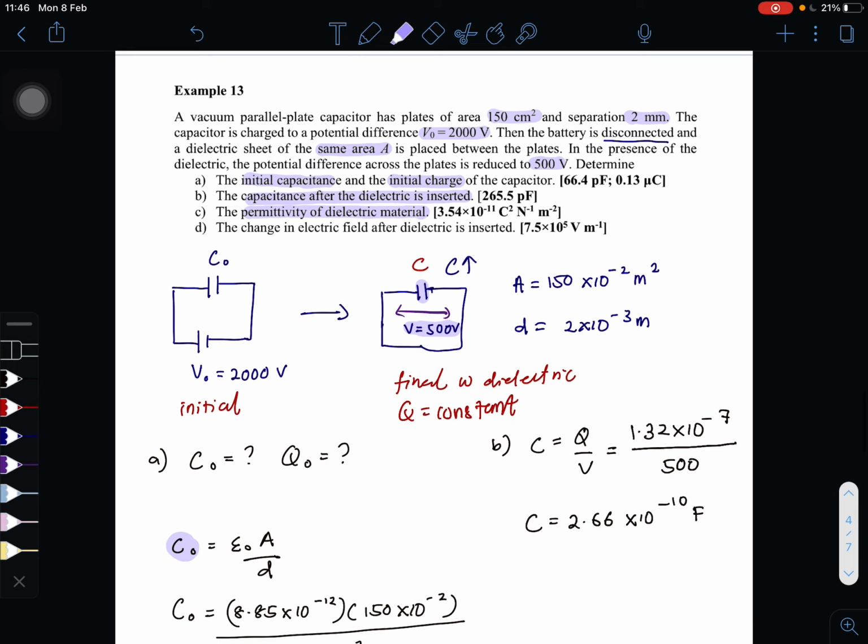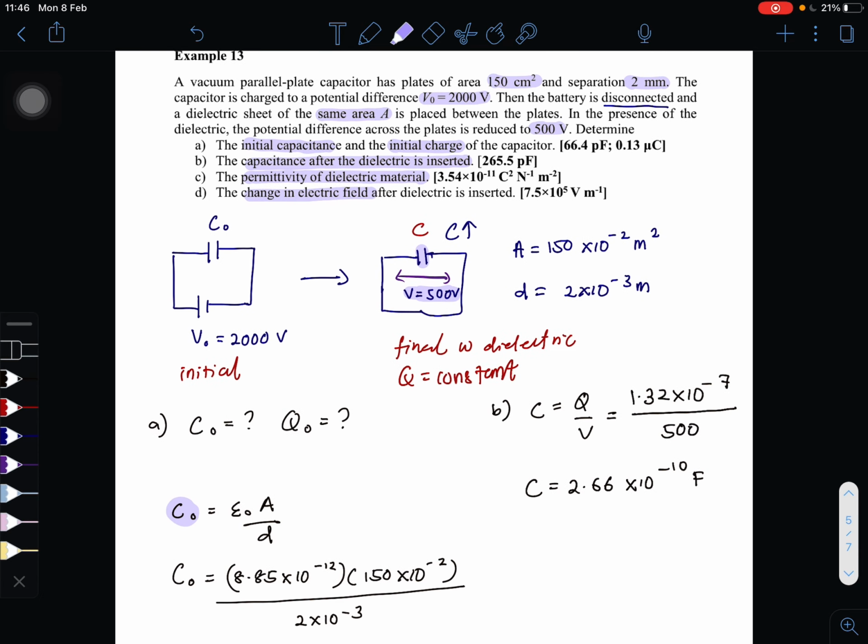Next one, question D. Determine the change in electric field after the dielectric is inserted. Okay, we know that initially, we have the value E naught. So when the dielectric is placed, since voltage reduces, the electric field will also reduce.